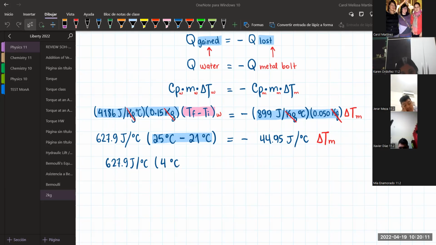And this is equal to, as you said, thank you, Freddy, 2,511.6. Now take a look here. These Celsius are going to cancel out with these other Celsius. So it's going to give you just joules.